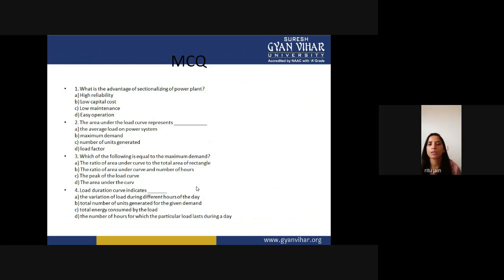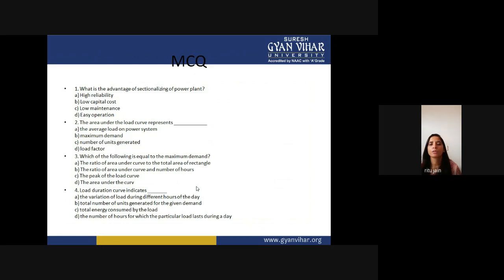Next, the area under the load curve represents what? The area under the load curve represents the number of units generated. Now, which of the following is equal to the maximum demand? The ratio of area under the curve to the total area of the rectangle, the ratio of area under the curve and number of hours, the peak of the load curve.